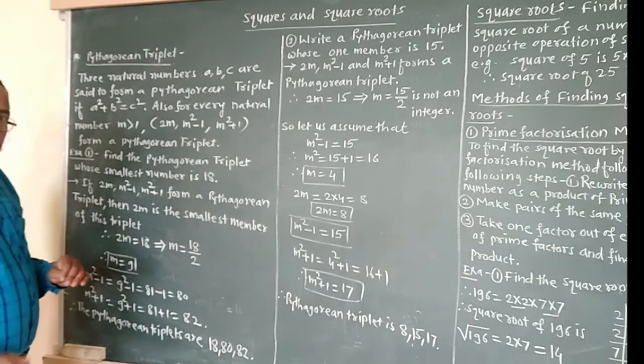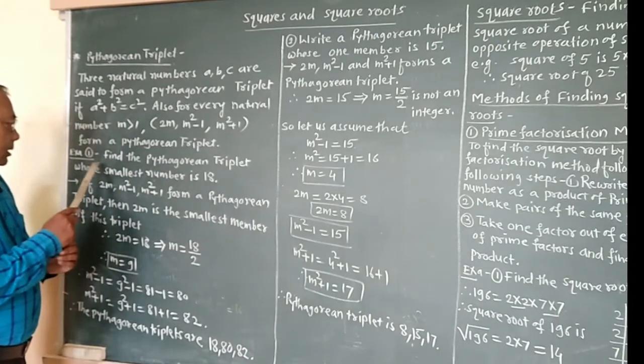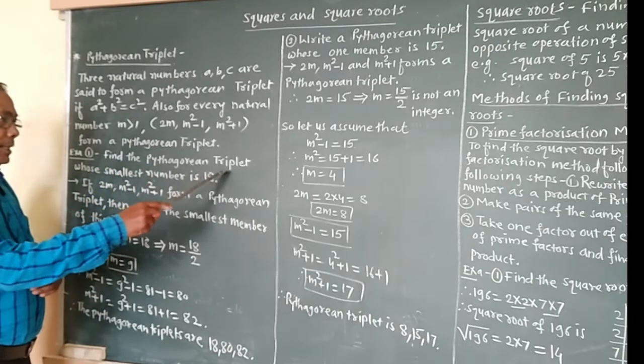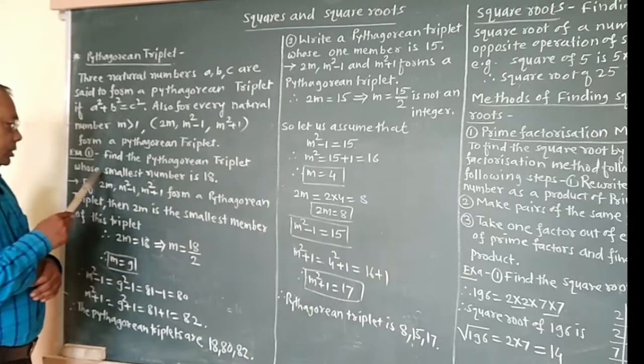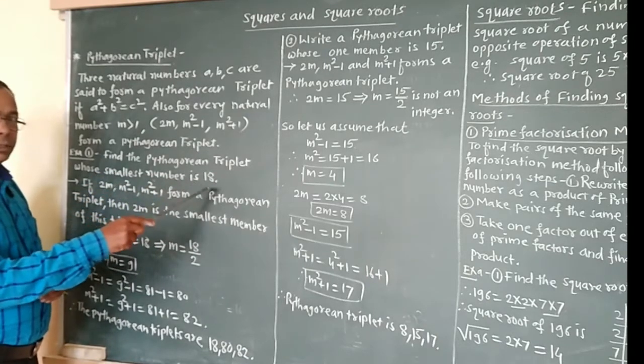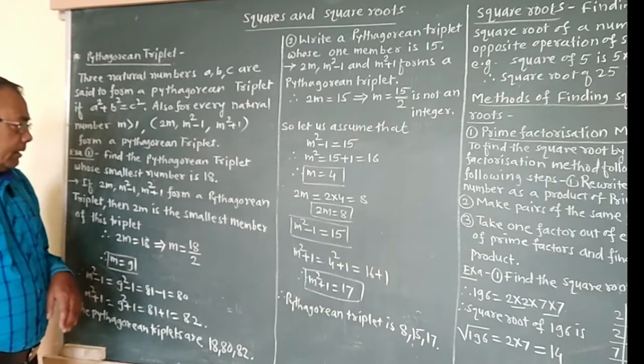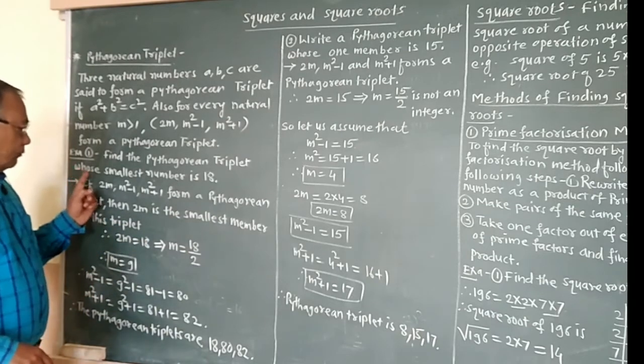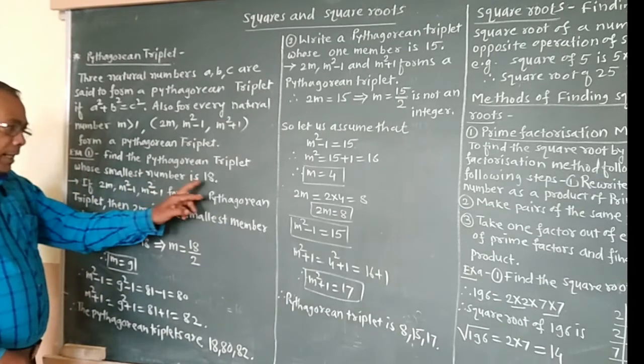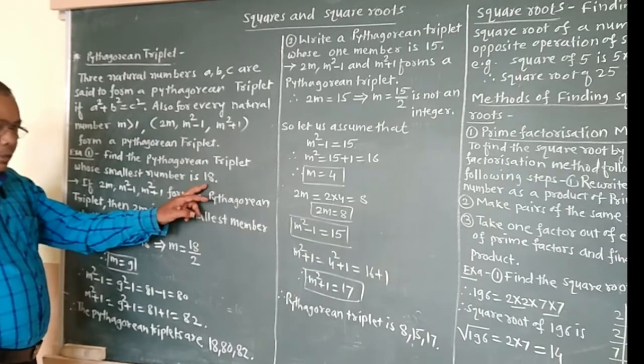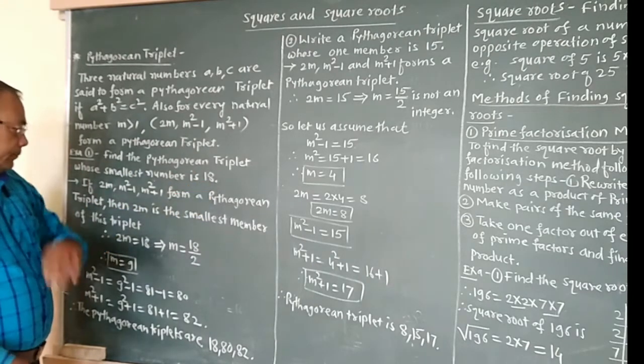For example, find the Pythagorean triplet whose smallest number is 18. Here the length of one leg is given, and it is the smaller one.